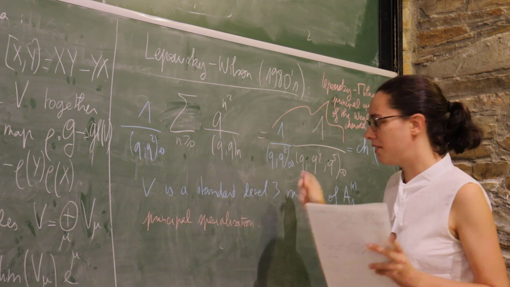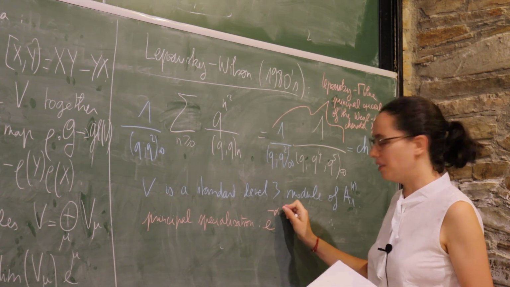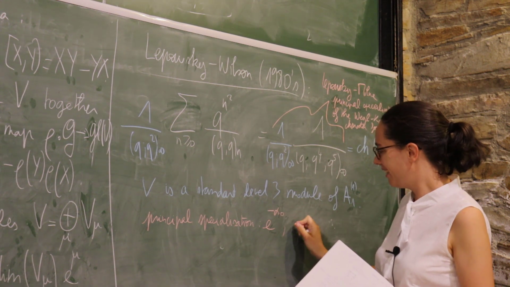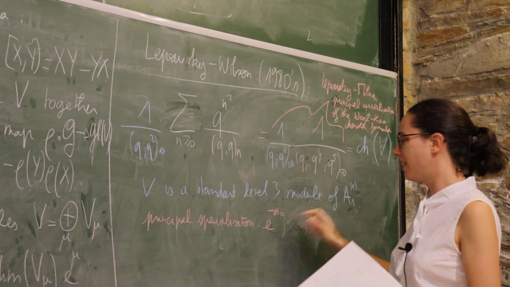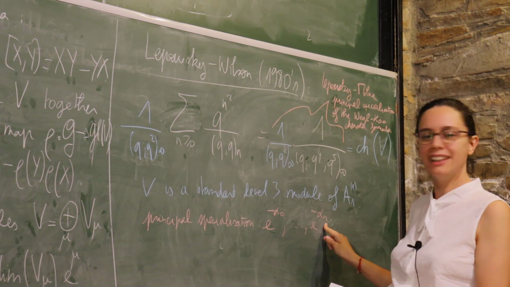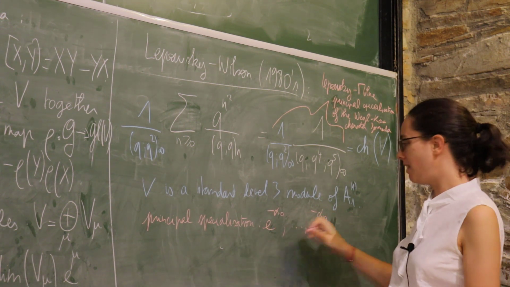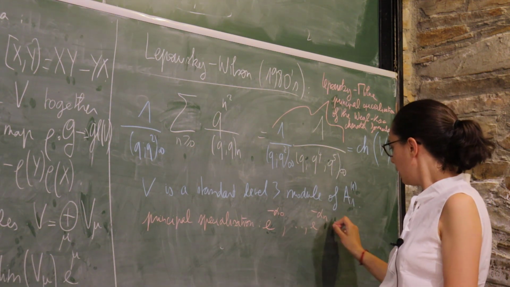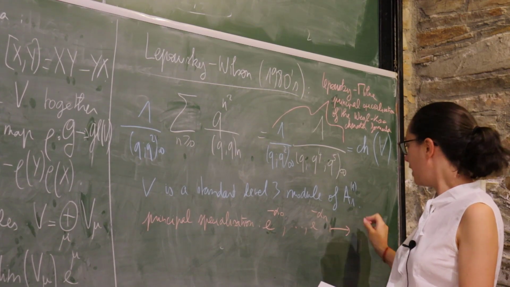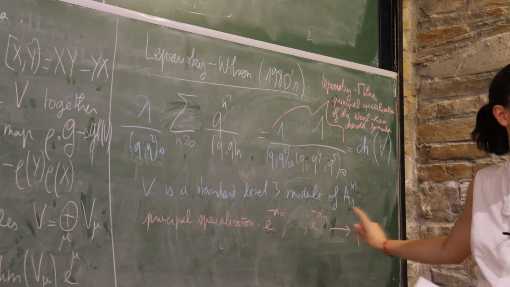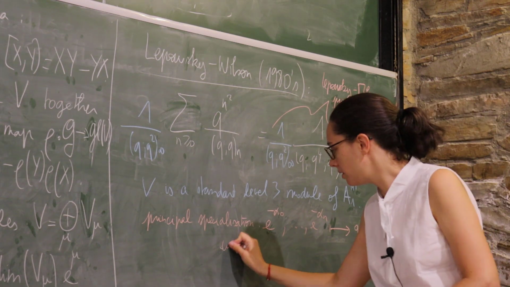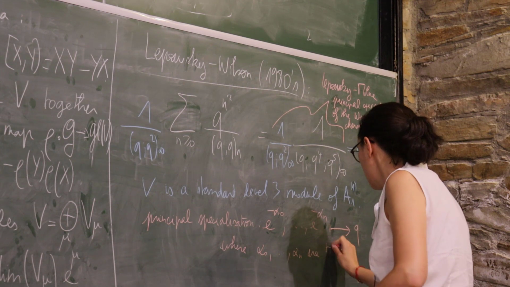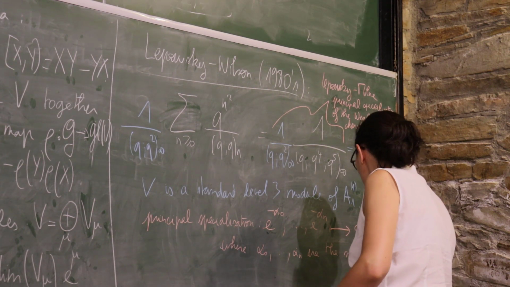The Lie algebras have some particular objects called simple roots, for those who know. And let's say those simple roots are called alpha 0 up to alpha n. The idea of the principal specialization is to transform all the exponential minus alpha 0, etc., up to exponential minus alpha n, into q, very simply, where alpha 0, etc., alpha n are the simple roots.